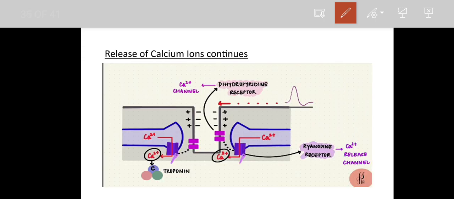Let me explain a bit here. This is an action potential that was generated, remember, due to acetylcholine which came.